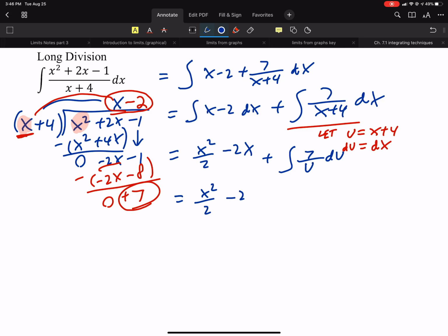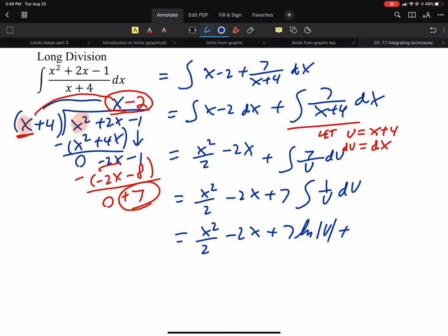I have a rule. I can pull a constant out of an integral. And 1 over u, the antiderivative of that, is just ln absolute u. But what is u? u is x plus 4.